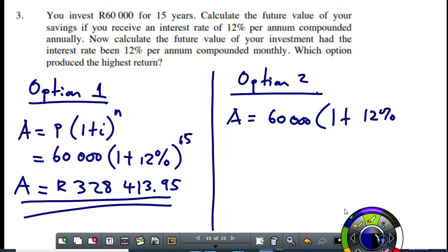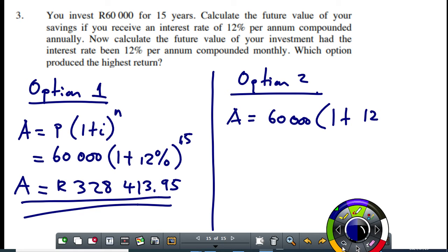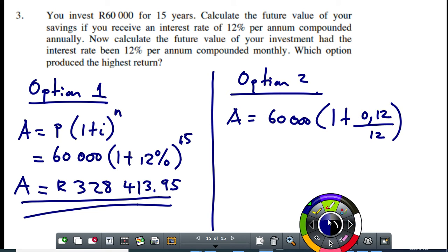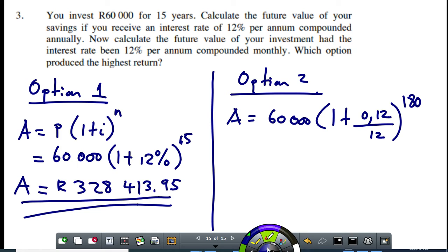But in my case, I don't like that, so 0.12 over 12, all raised to the power of n, here 15 times 12, which gives you 180. Then what's your A? 359,708.12.